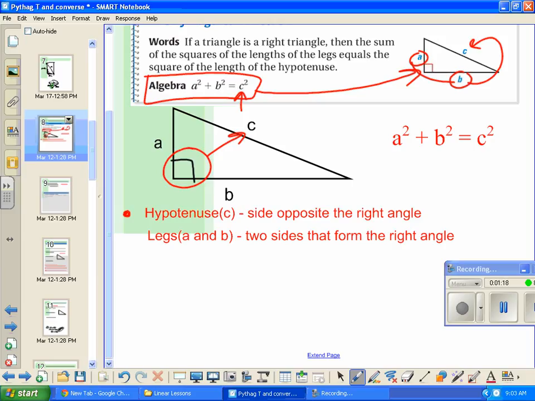So the hypotenuse is always C. A and B are just the other two legs of the triangle. Usually it doesn't matter what order they're in, but those are two words we might also use, hypotenuse or legs. When we say those words, that's what we're talking about in terms of where the numbers may go in for the formula, A squared plus B squared equals C squared.